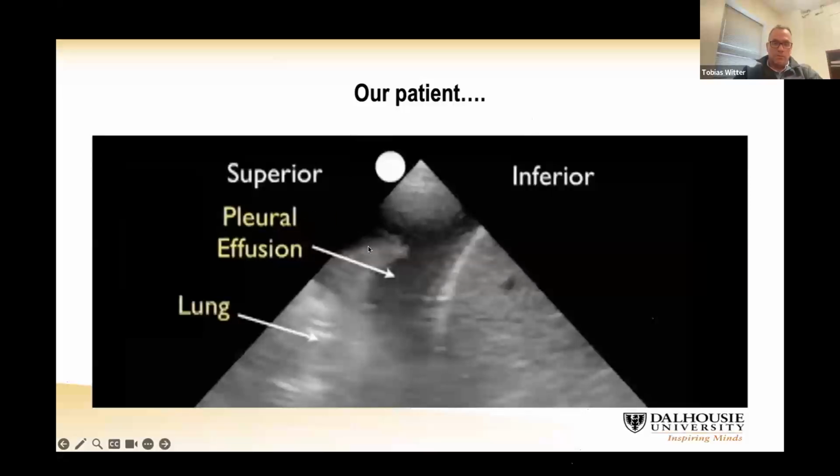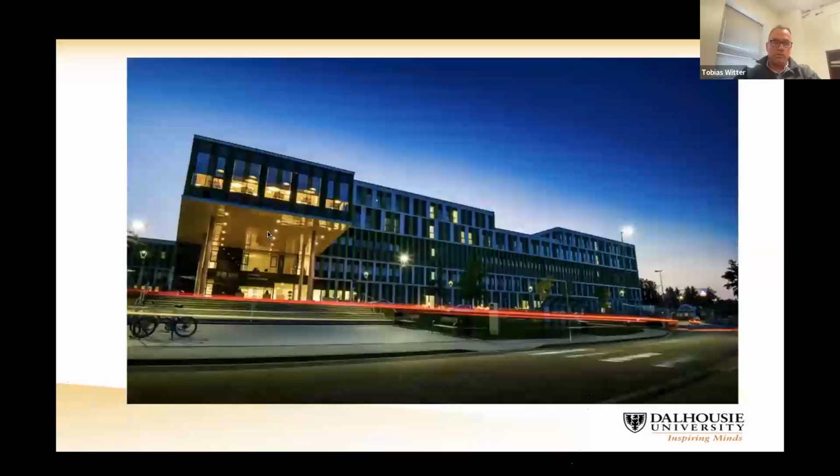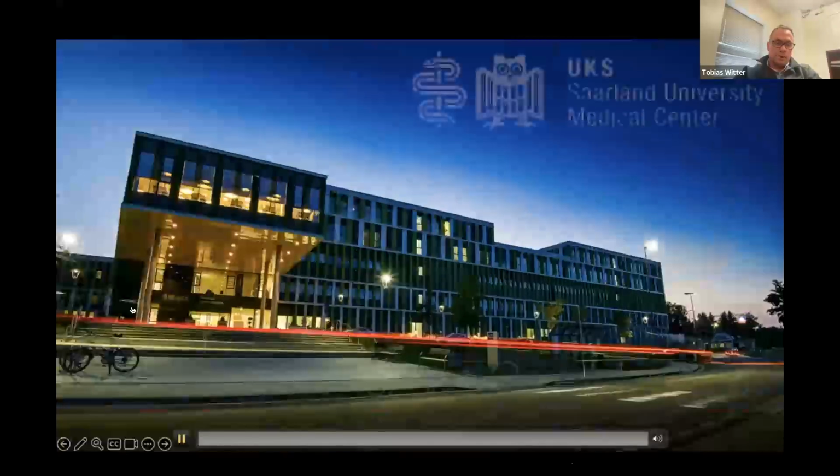Our patient now has a little bit of fluid in the chest, as we heard. So this is the diaphragm, this is the spleen, and this is the lung. And to address that and to potentially help reduce the distress of the patient from a breathing point of view, we're gonna do this.